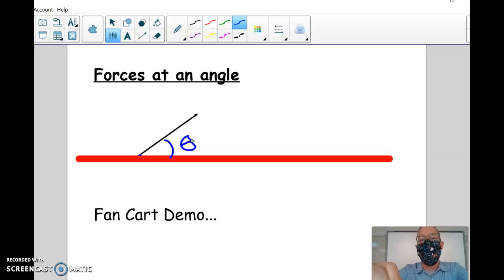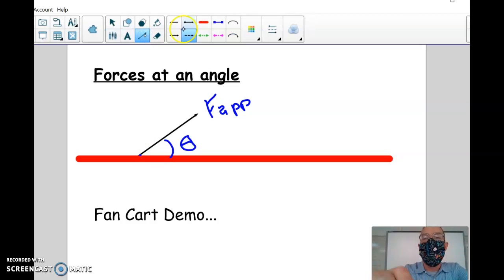So if I have a force that's applied, let's call this F_ap, my applied force, and I really don't care about F_ap, all I care about is my force that's applied in a certain direction. So let's call that the x direction here.